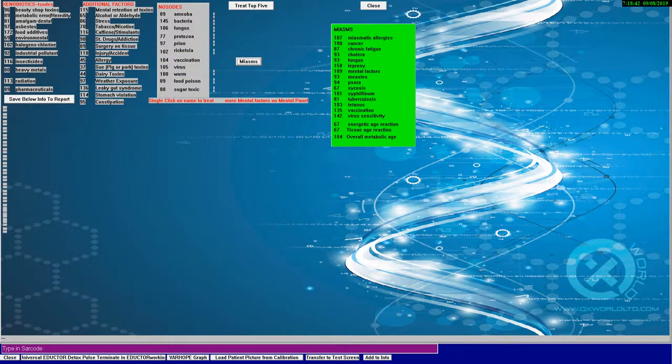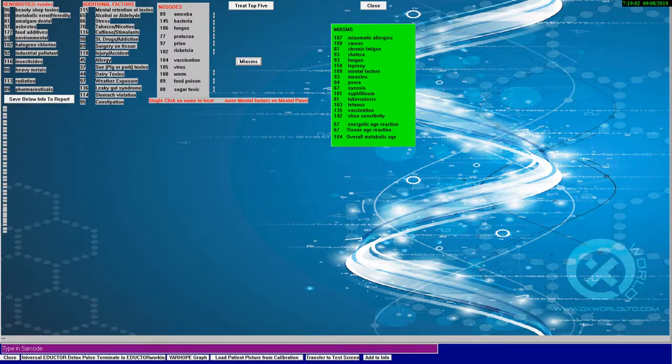And here I can look at some miasms, which are some weaknesses coming from the ancestors. And as I chose inherited as risk, there is more information here, and it tells me what it is.